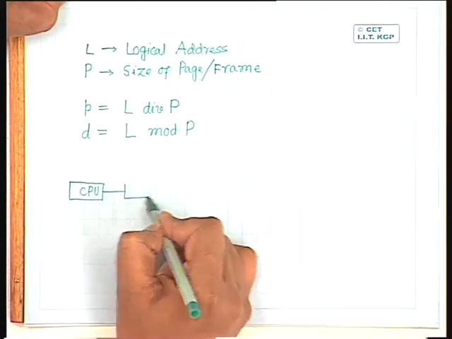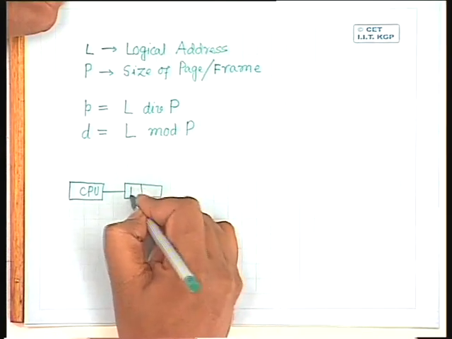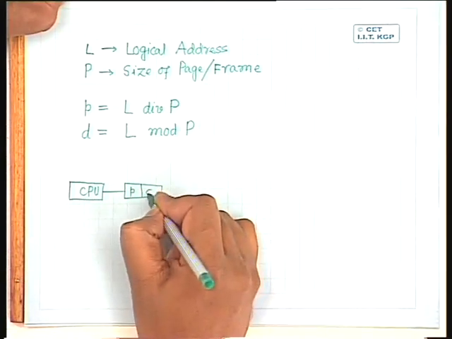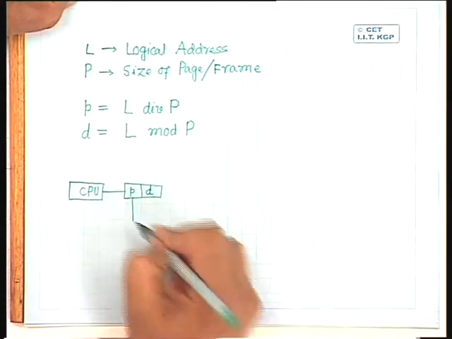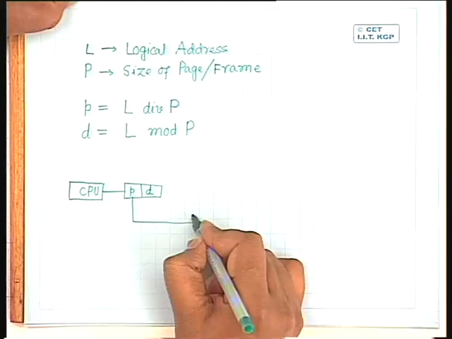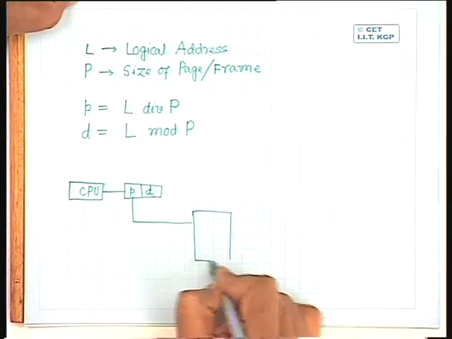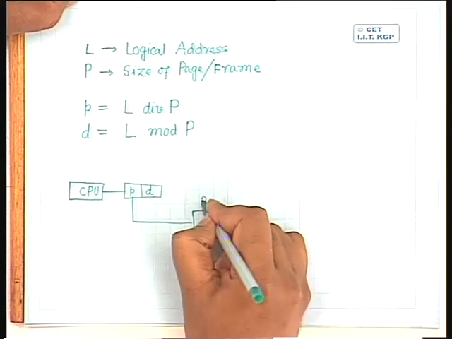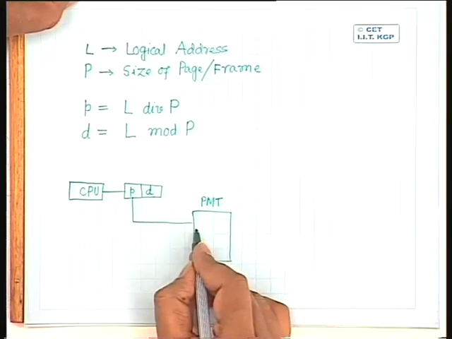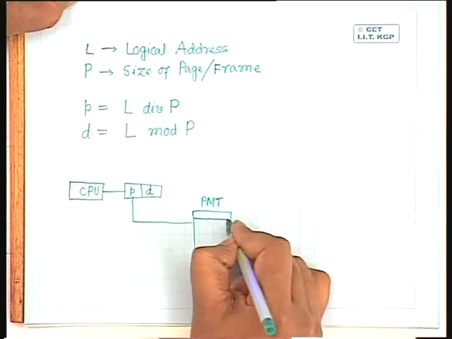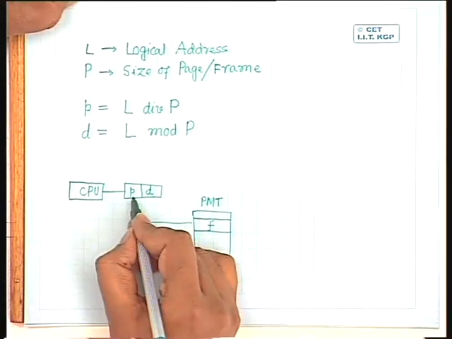So the CPU generates a logical address, and the logical address is broken into two components: the page number p and the offset within the page, that is d. Using this page number, we go to the page map table. So the total scheme will be like this. Using the page number, I come to a particular entry in the page map table. The page map table gives you the frame number where this page p is loaded.